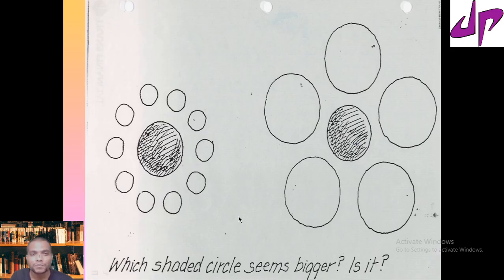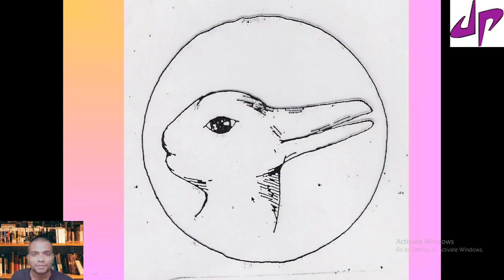And one more: which shaded circle seems bigger? Here there are two shaded circles, and which one seems bigger? Observe carefully. This is one more curious one. What are you seeing in this picture? Try to make your own observations.